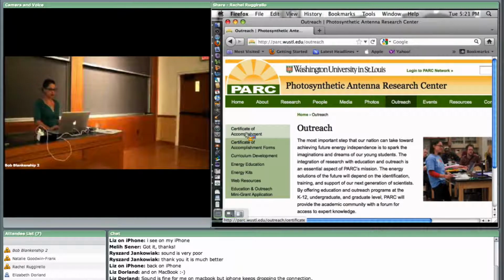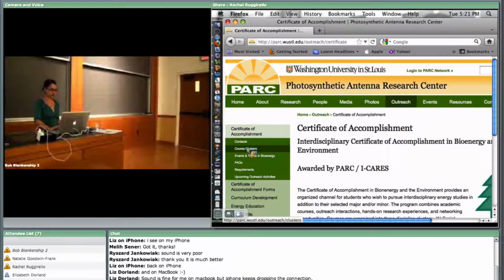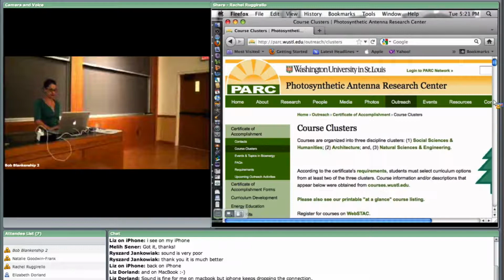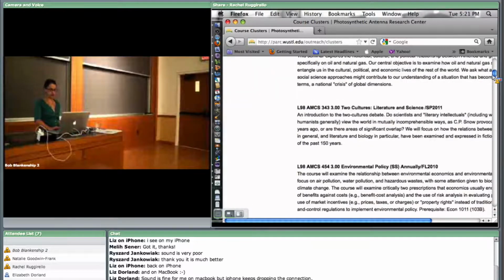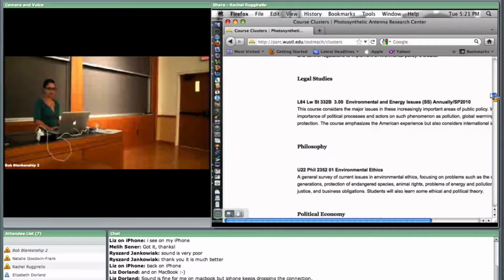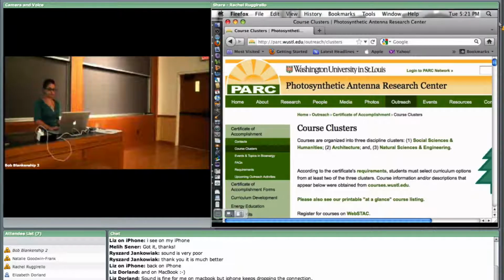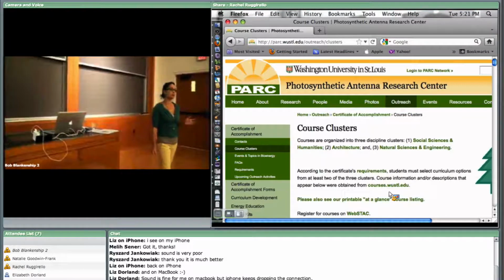So if you go to our outreach page and go to the certificate of accomplishment, you can go to course clusters and scroll down. There's a printable one, or PDF, if you want to download it and print it out. And if you see something that seems like it would be a good fit, but we don't have it, you should let us know.